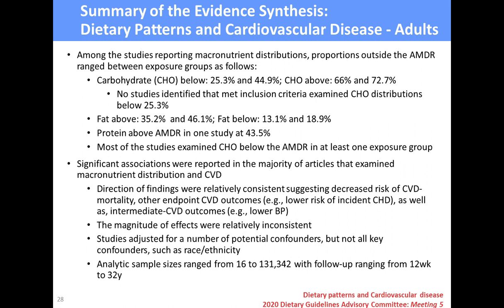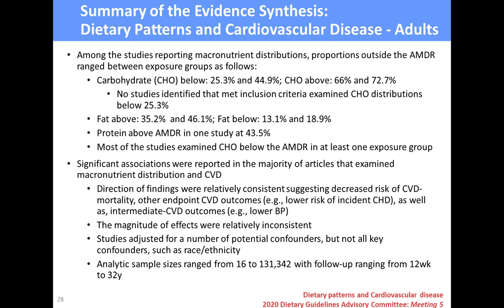Okay. So for adults, 45 articles examine the relationship between diets based on macronutrient distribution and CVD outcomes, where at least one proportion of macronutrients fell outside the AMDR. These studies reported both intermediate and endpoint CVD outcomes. Among these studies, the proportion outside the AMDR ranged between exposure groups as follows. Carbohydrate below ranged from 25.3% to 44.9%.